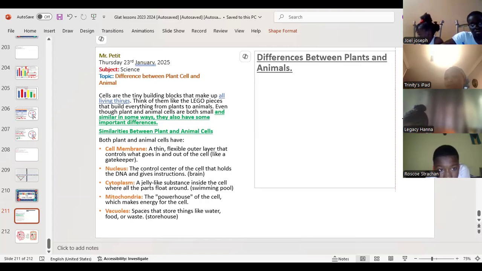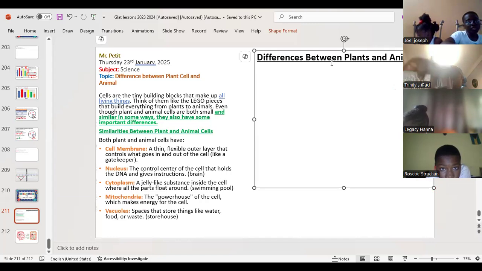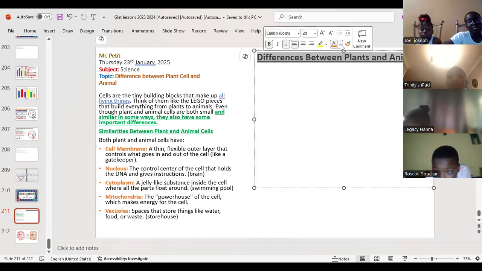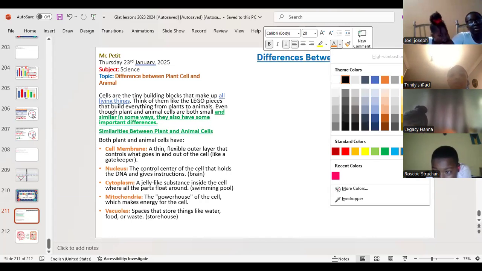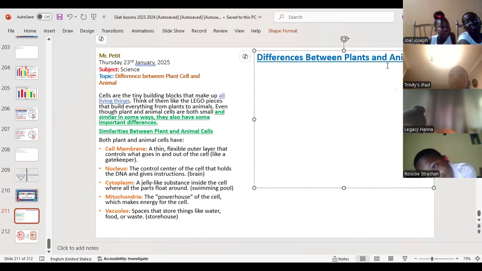Roscoe, what are the similarities between plant and animal cells? What structures do they have in common? Nucleus, cytoplasm, cell membrane. Yes. What else?